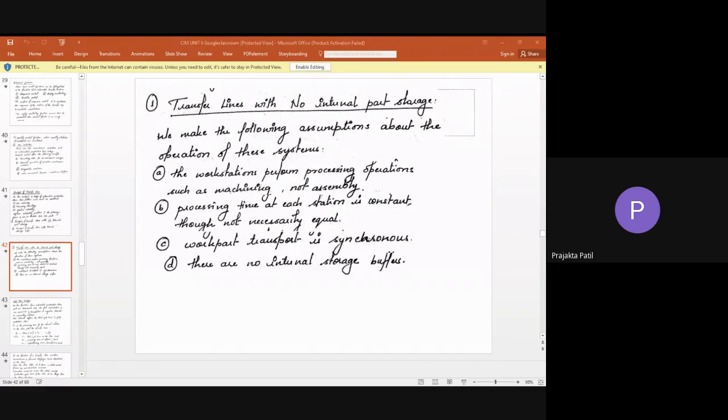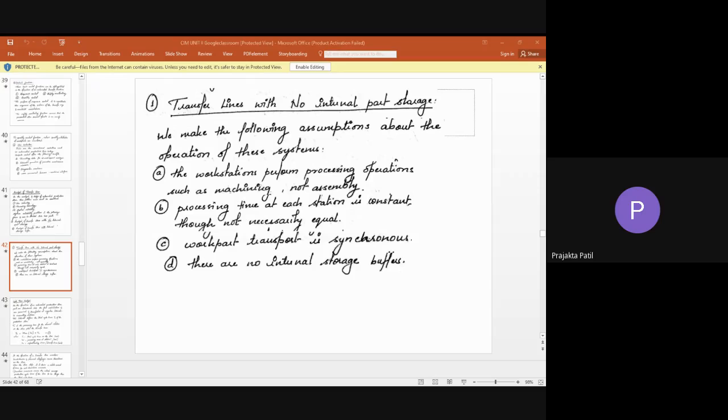Initially, the first assumption here is that the workstations perform processing operations such as machining and not assembly. This assumption is made because you have similar analysis made with respect to assembly lines also. So here, when it comes to unit 2 and when we are talking about the automated production lines, we assume that all the operations that are performed here are related to machining and not assembly.